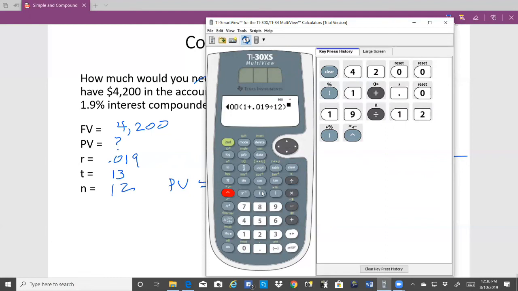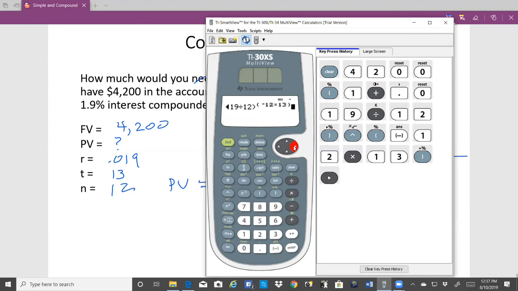So I'm going to use the parentheses. And now you need to use this negative sign right here at the bottom, not the subtraction sign. We're multiplying by a negative number, not minus 1 times 12 times 13 in parentheses, and then I move the cursor over.